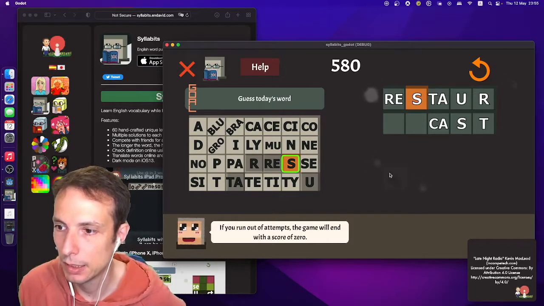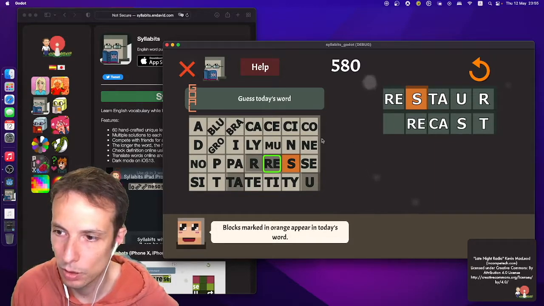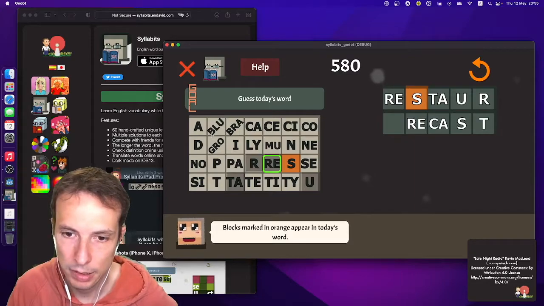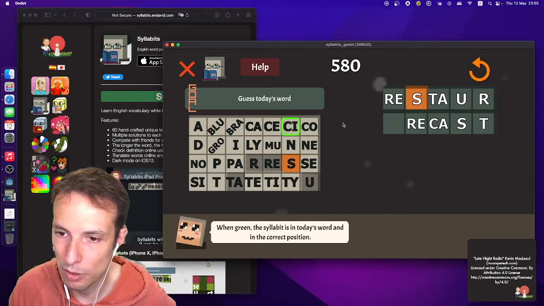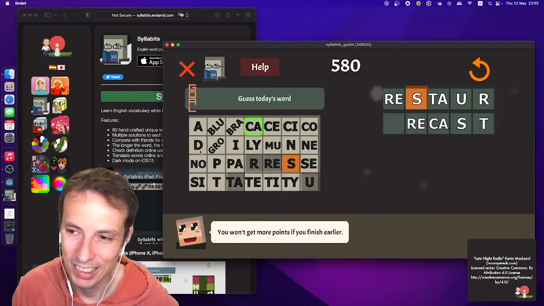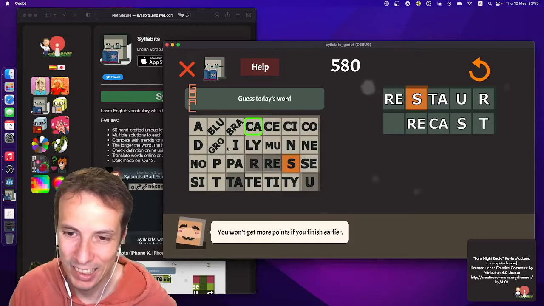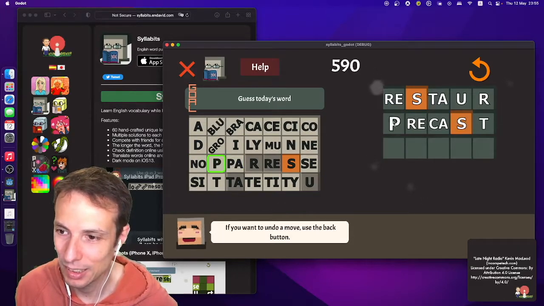Cast, something like forecast or recast, and you can try it. You can try everything and see if it works. I don't know. No, recast. I don't know. Precast.